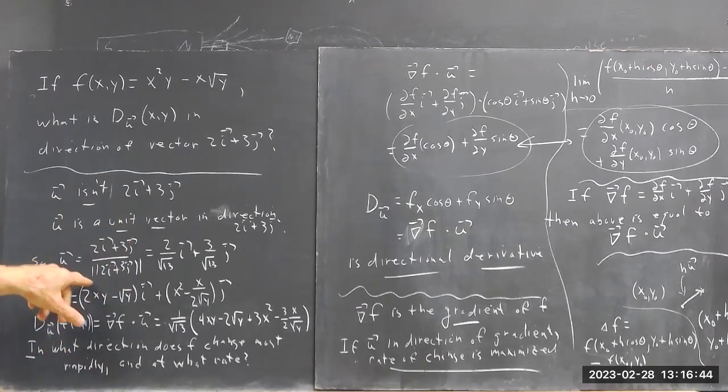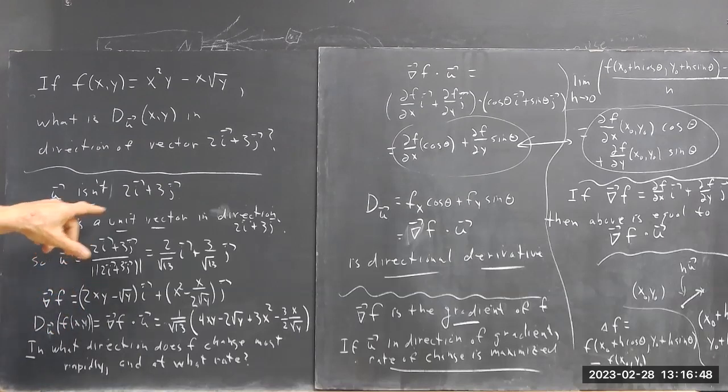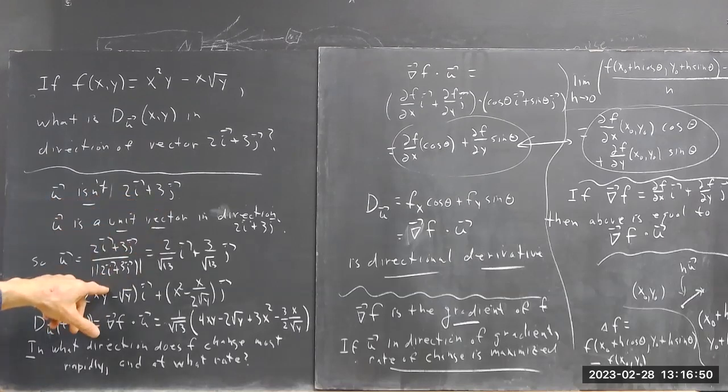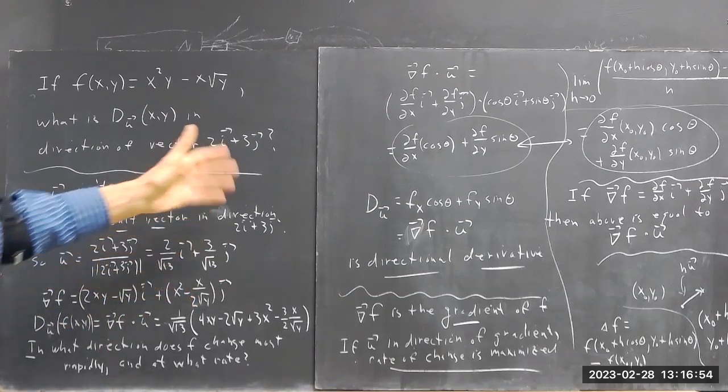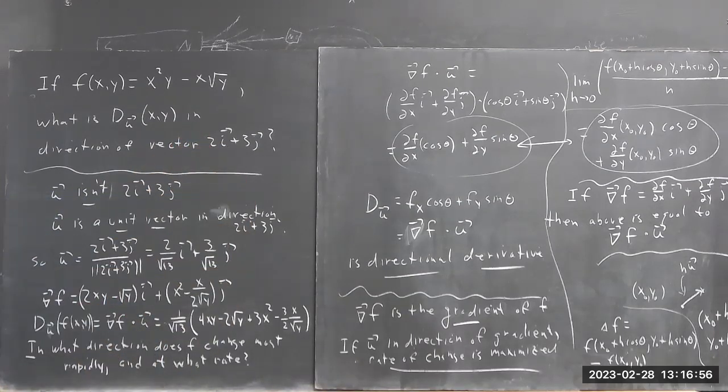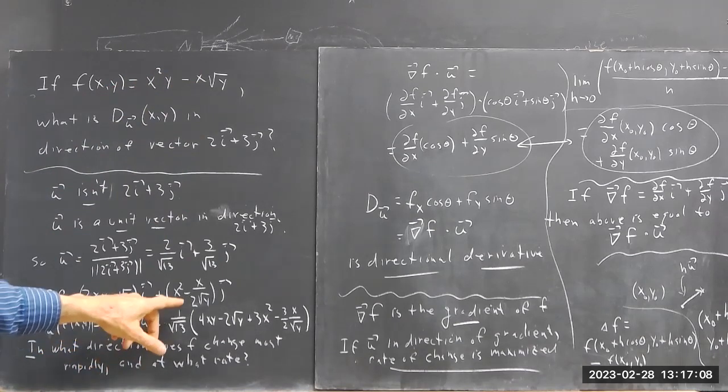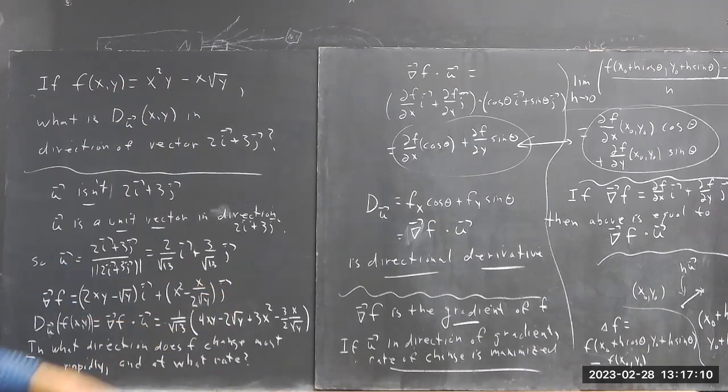So here are the details. u is equal to this vector divided by its magnitude, which gives you 2 over the square root of 13 i plus 3 over the square root of 13 j. So del F is just the x derivative of this times i, and the y derivative of this times j.